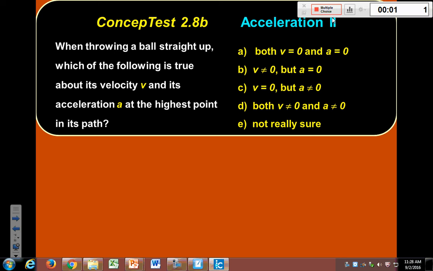When throwing a ball straight up, which of the following is true about its velocity and its acceleration at the highest point in its path? When you throw it straight up like this, what's true about its velocity and its acceleration?